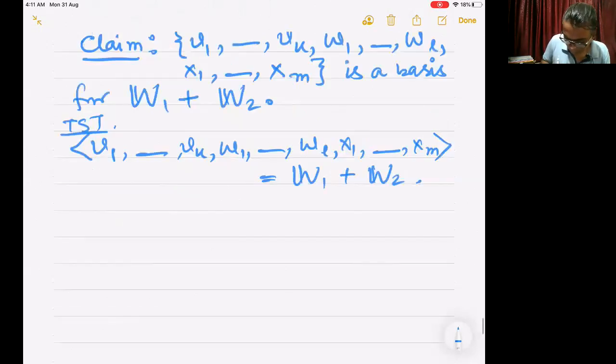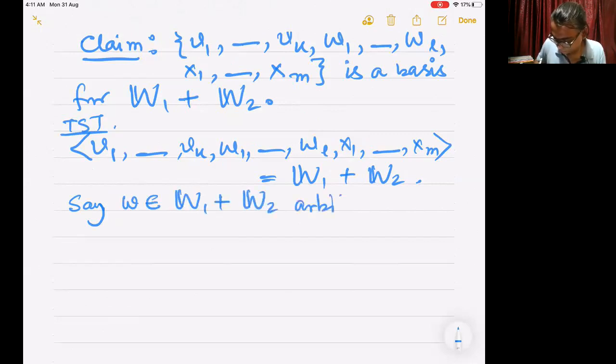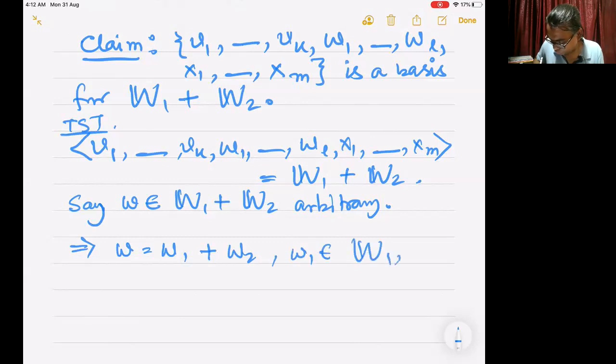Because say W is a typical element in W1 plus W2, an arbitrary element. By definition, this implies W must be equal to W1 plus W2, where W1 belongs to W1 and W2 belongs to W2.